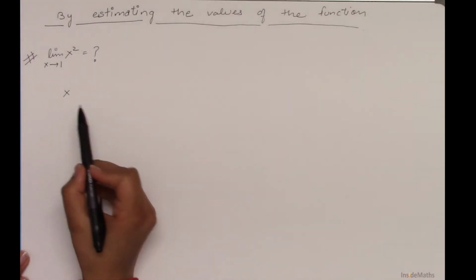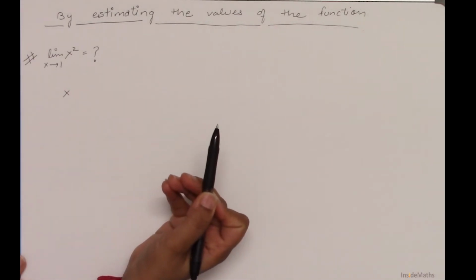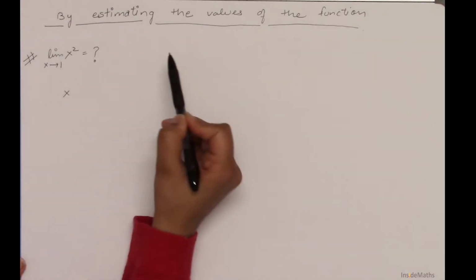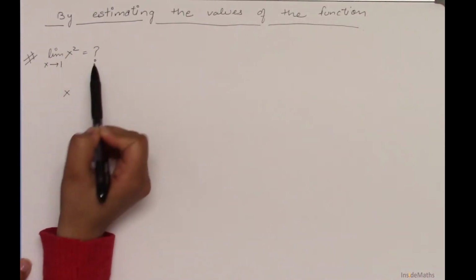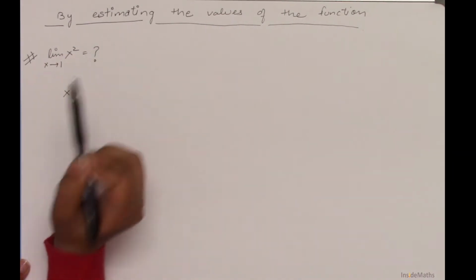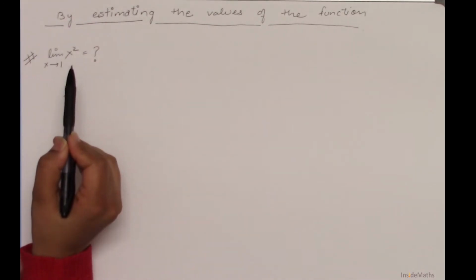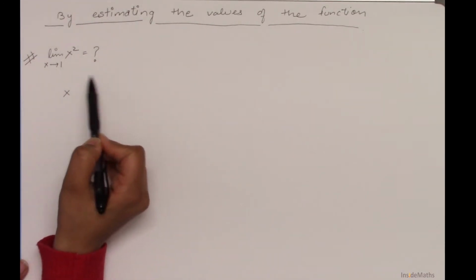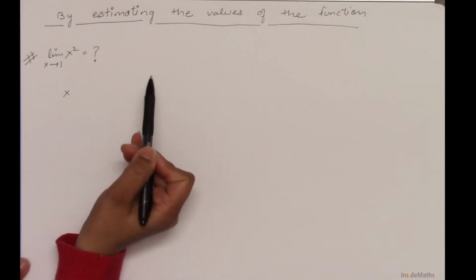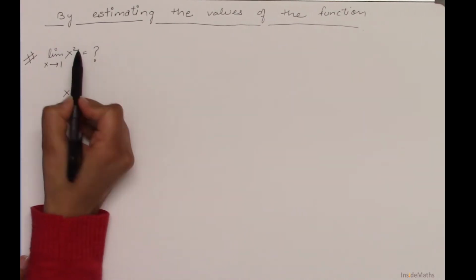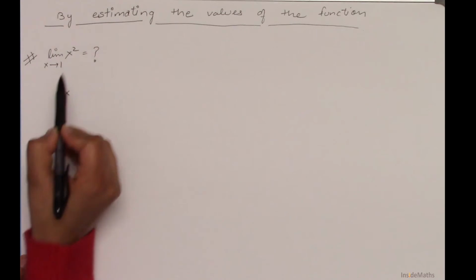Now another method to find the limit of a function is by estimating the values of that function. To do that, I'll use this example. This also can be done by direct substitution method, but in this video I'll do it by estimating the values. For that, I'll estimate the values of x square near 1.